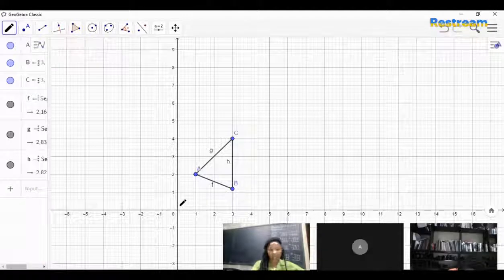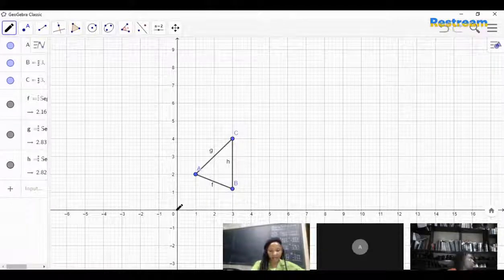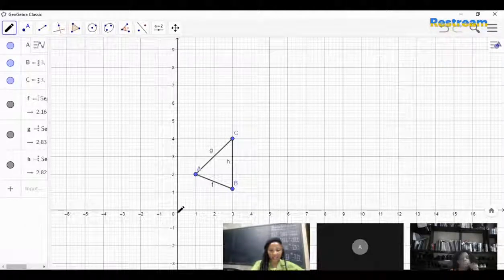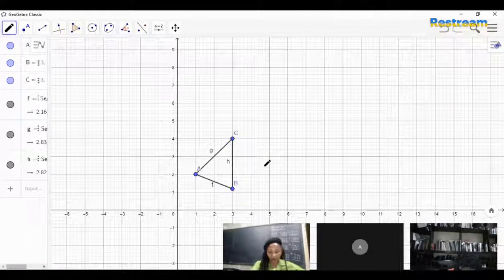That means this is where you're going to focus, and you're going to connect each of these points to the center. But the center of enlargement can be anywhere on the coordinate plane.